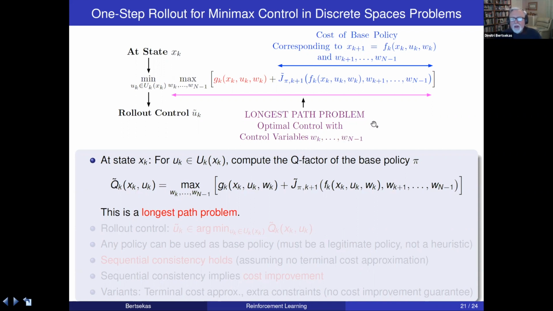Now, some of you may have heard that longest paths are nasty, whereas shortest paths are nice. Longest path problems are nasty, but not for acyclic graphs. If you have an acyclic graph, you can convert a longest path problem into a shortest path problem by simply changing the sign of the lengths of the arcs. So this longest path problem is like a shortest path problem, except that it's done for maximization over an N minus k step graph.